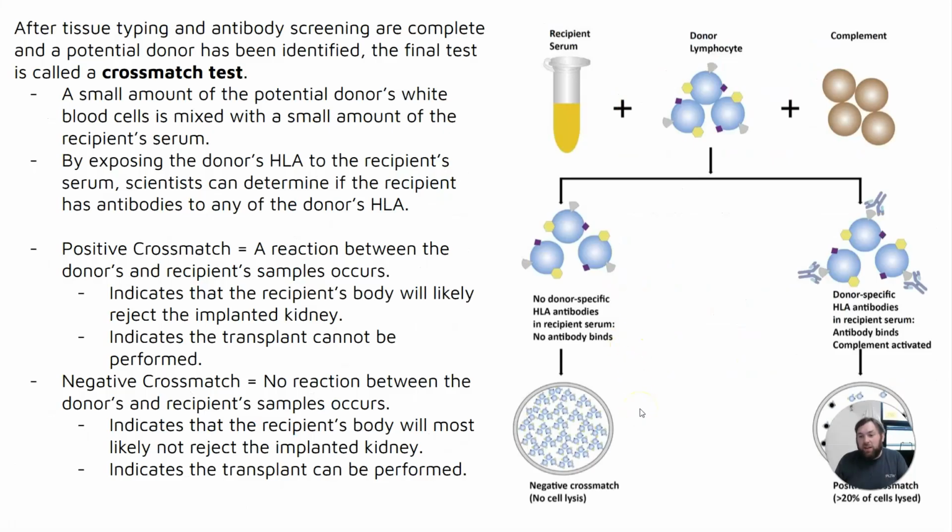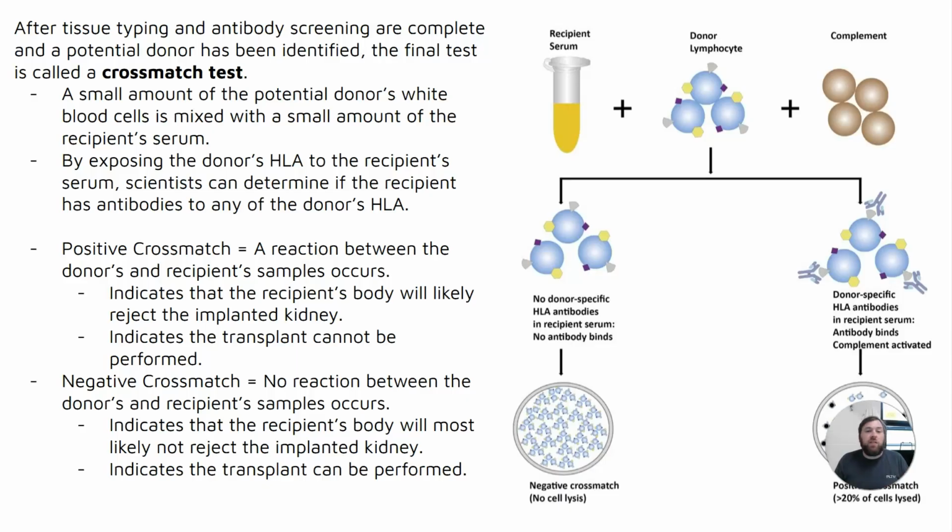After the tissue typing is done, there's going to be some screening called a cross-match test, meaning that we're going to figure out once and for all what will happen to the cells that we insert into the person's body based on the HLA antibodies that you generate. So a small amount of the potential donor's white blood cells, that's the person's leukocytes, are going to be mixed in with a small amount of the recipient's serum, where the antibodies are.